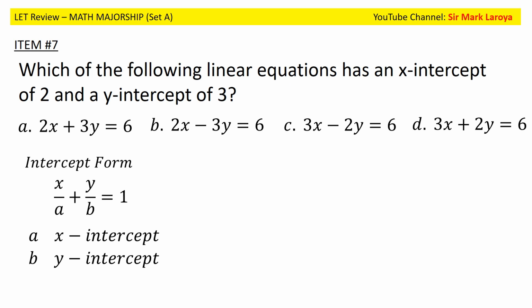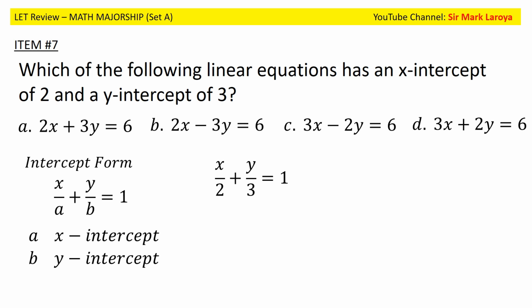So all you have to do is to substitute the values of a and b. Those are 2, the x-intercept, and 3, our y-intercept. So it becomes now x over 2 plus y over 3 equals 1.